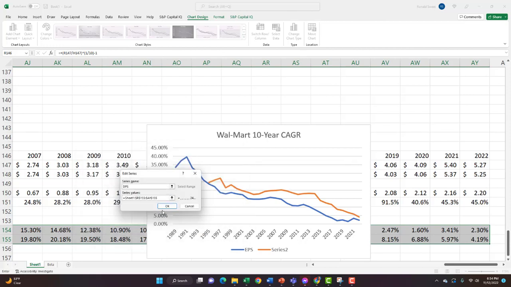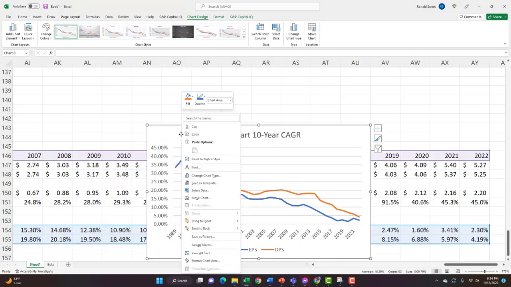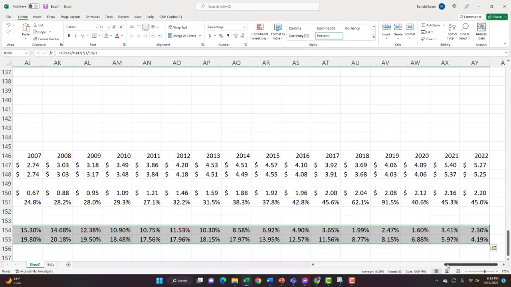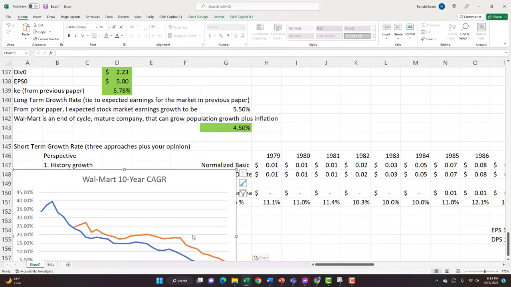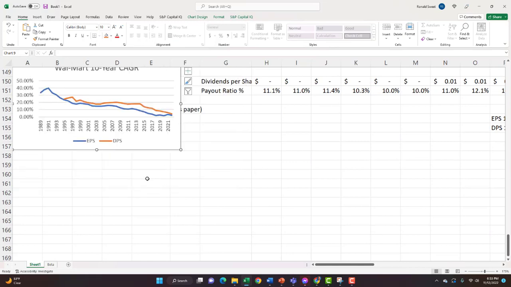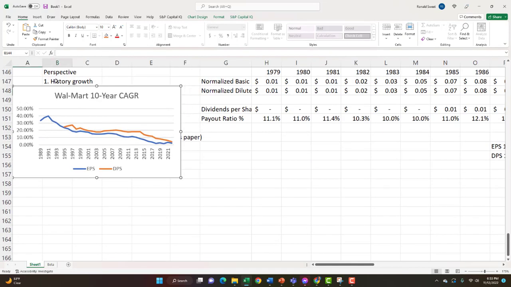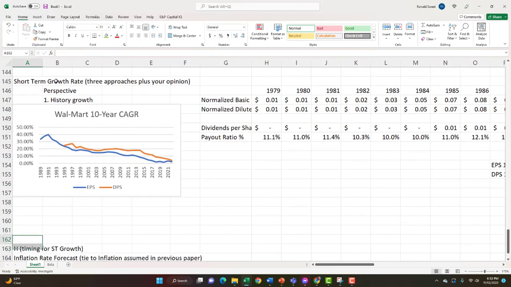Dividends per share. I'm going to bring this over here. I'll have to bring the stuff below further down. So I'll move it quite a ways down.